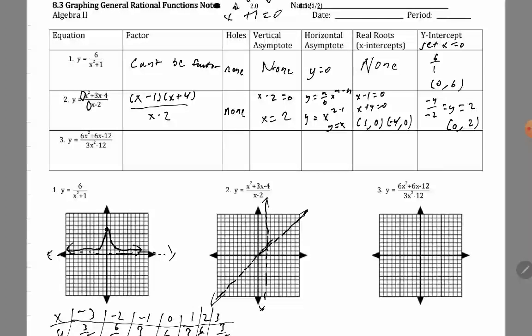Oh, this should be more like this. Then we have x-intercepts at 1, 0 and negative 4, 0.